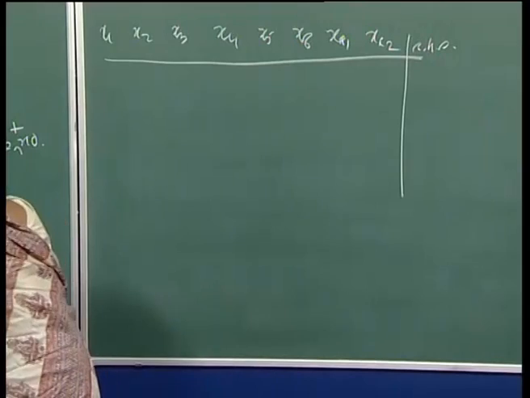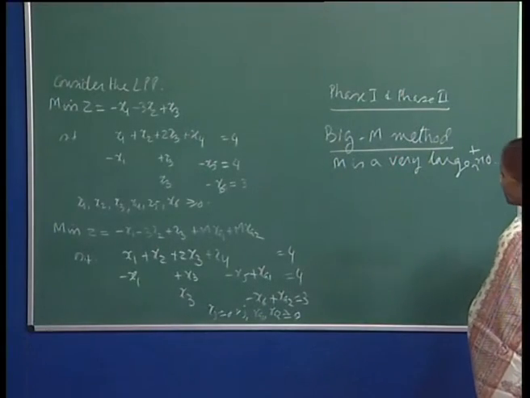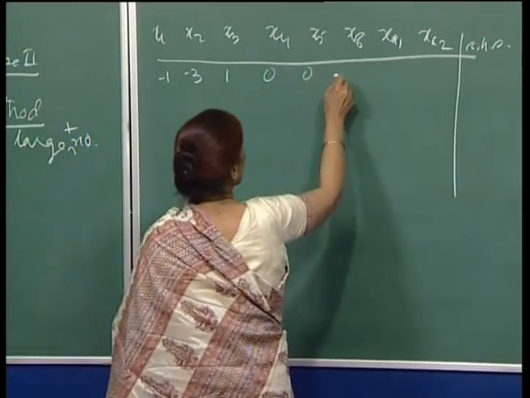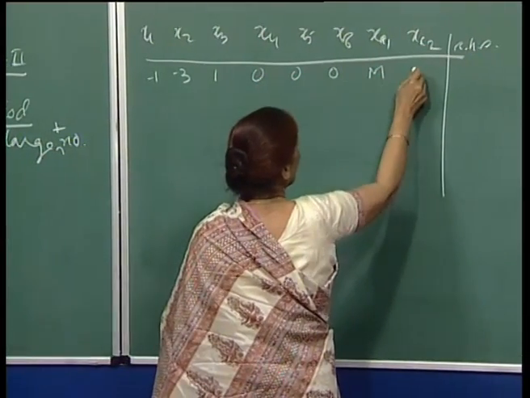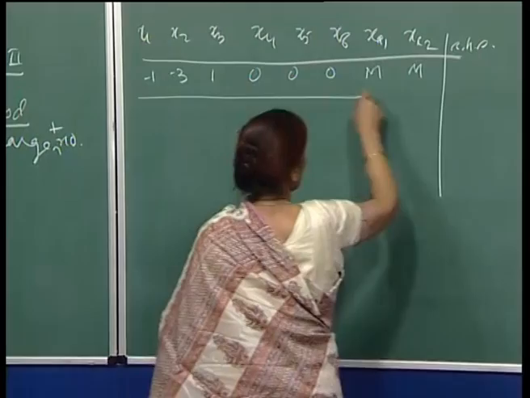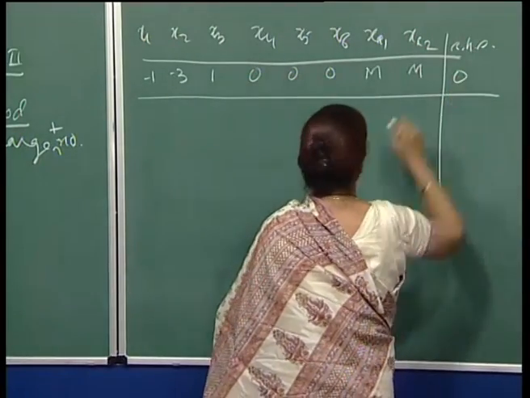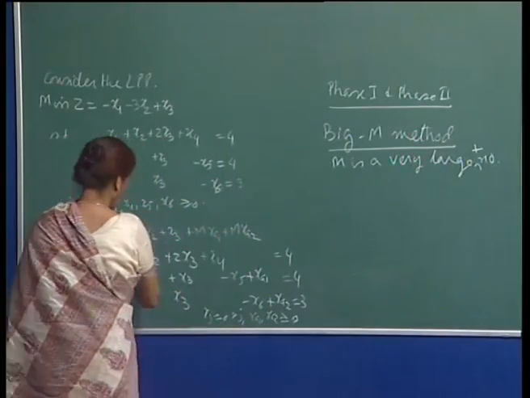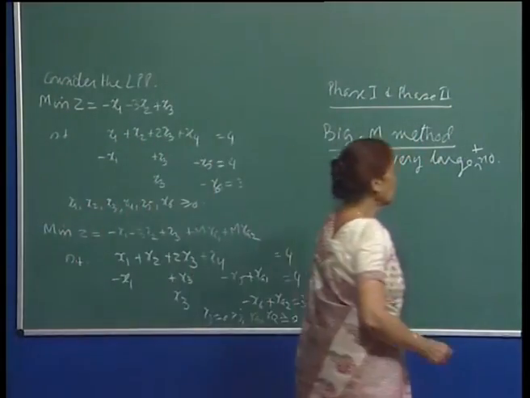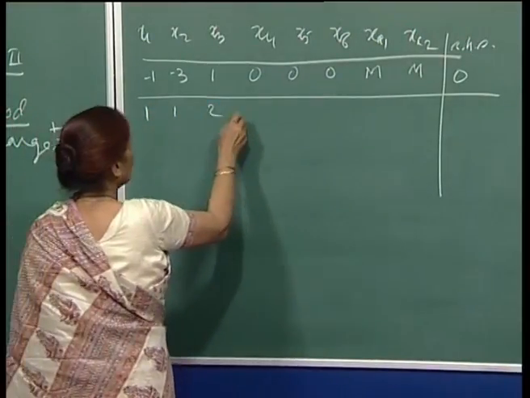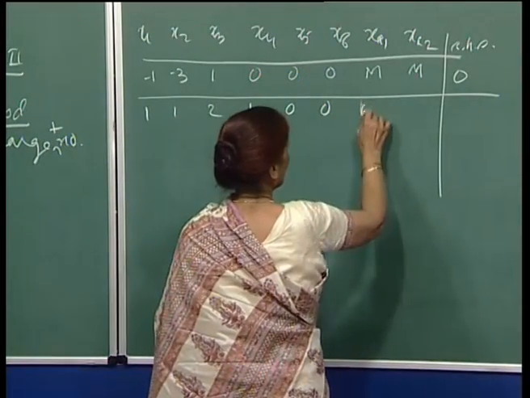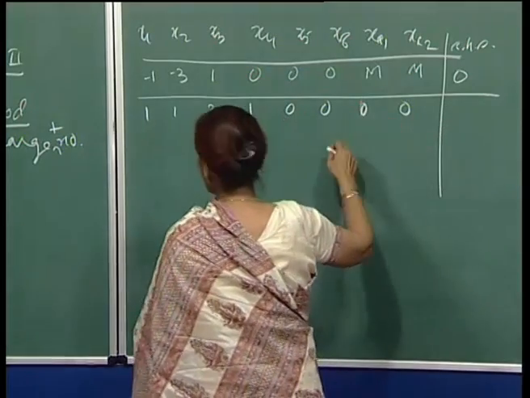Then the objective function row is minus 1, minus 3, 1, 0, 0, 0, M, M, and here right now this is 0. I am writing this as a constraint. Then 1, 1, 2, 1, 1, 1, 2, 1, 0, 0, 1, 0, 0, 0, and this is 4.